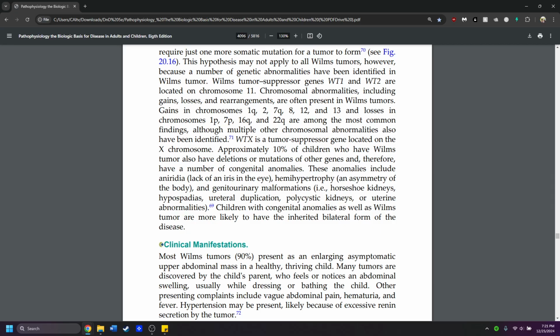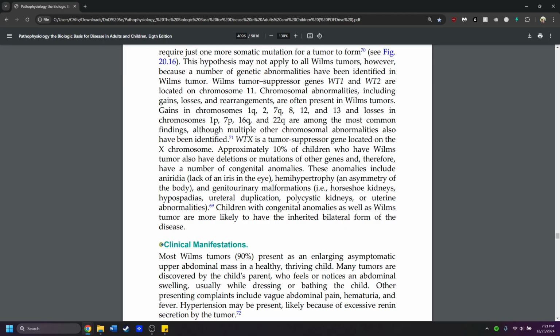Gains in chromosomes 1q, 2, 7q, 8, 12, and 13, and losses in chromosomes 1p, 7p, 16q, and 22q are among the most common findings, although multiple other chromosomal abnormalities also have been identified. WTX is a tumor suppressor gene located on the X chromosome.